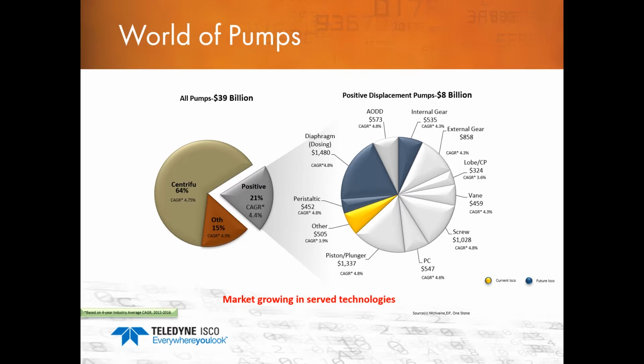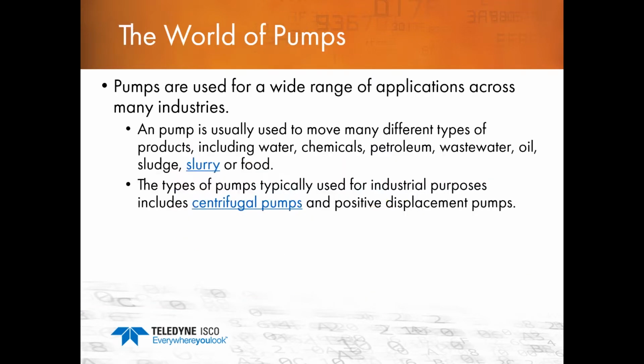So when you think of pumps, it is a very broad term. Today we're going to look primarily at what we offer here at Teledyne ISCO, which would be the syringe pumps and the reciprocating pumps. Just a quick definition, like I said before, you have a wide range of applications across many industries: pumping material, pumping slurry, pumping food, all kinds of different types of things.